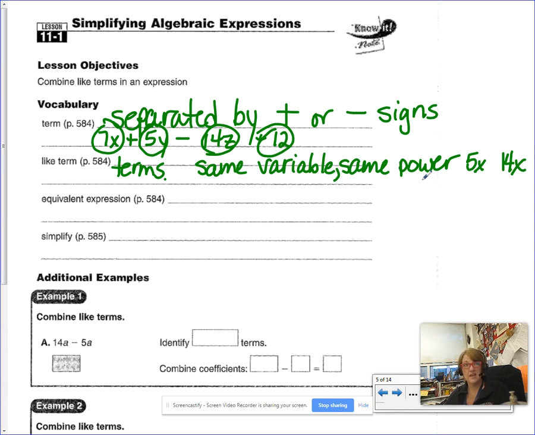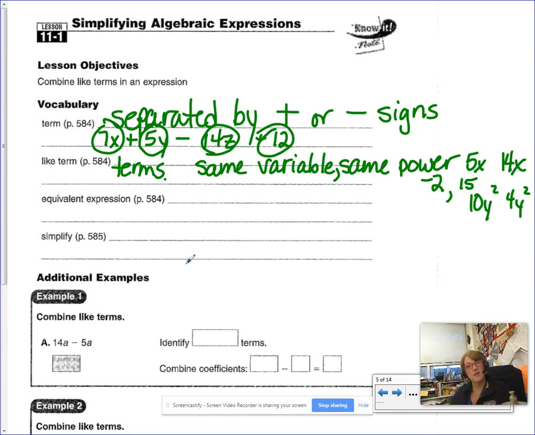If I had something like -2 and 15, neither of those have a variable. They're plain numbers called constants, and you can combine those together. Okay, let's do one more over here. I know I write big. 10y squared and 4y squared. They have the same letter and the same power of that variable. Okay, so we watch for that.